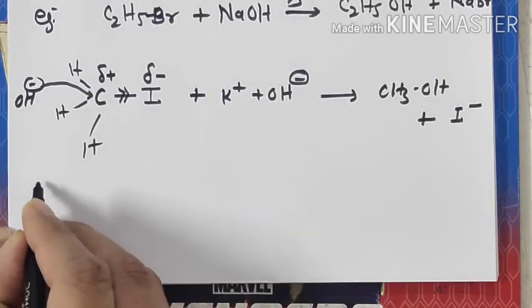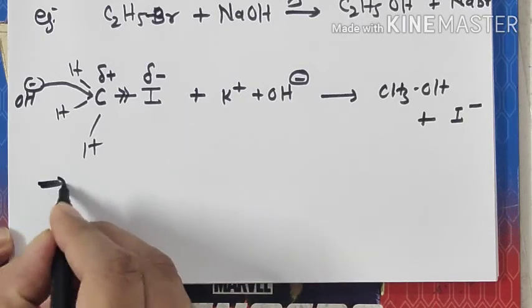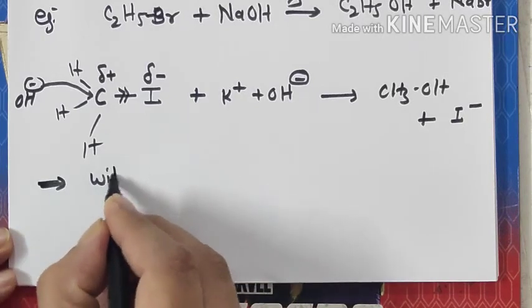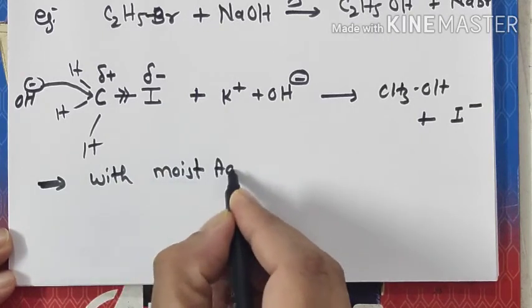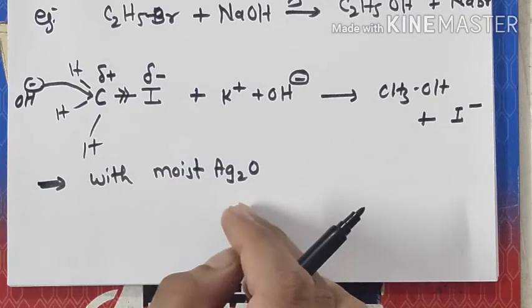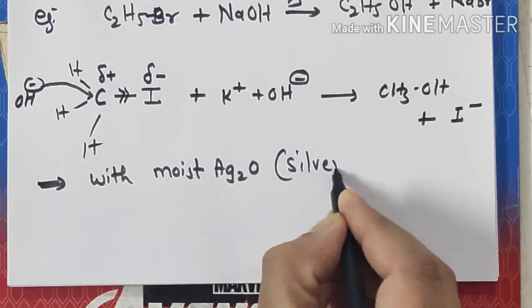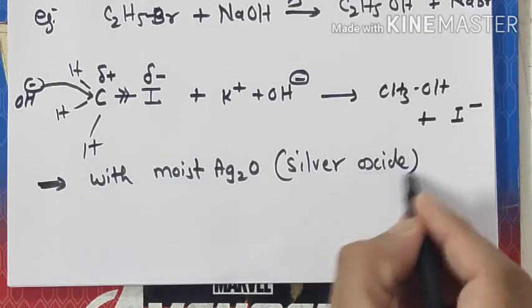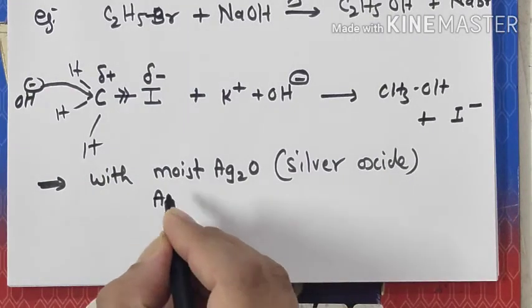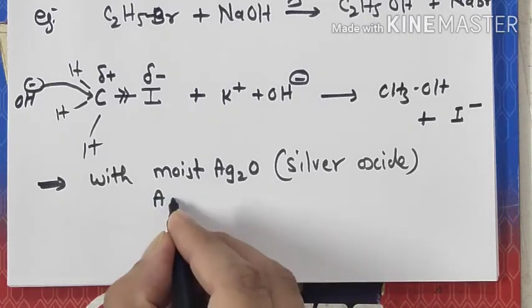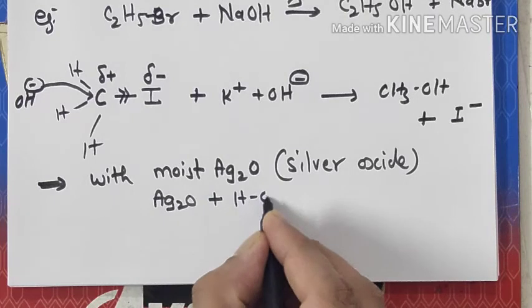Let's take one more example where the reaction takes place with moist Ag2O. Ag2O is silver oxide. Now what happened? This Ag2O reacts with water, that is HOH.